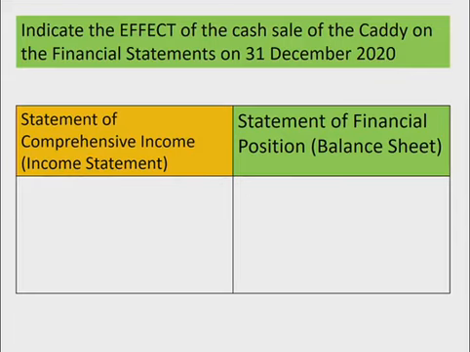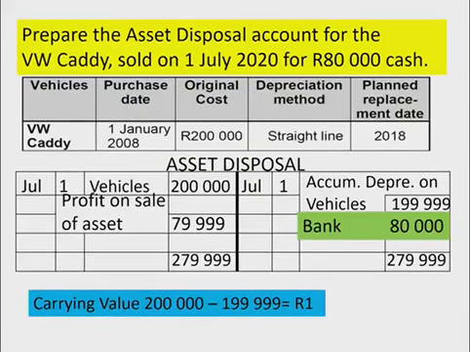So if we're looking at financial statements, we know the one is the statement of comprehensive income, formerly the income statement, and the statement of financial position, formerly the balance sheet. Okay, so what we're looking at is what is the effect of the sale on the statement of comprehensive income. So we can just go one back quickly. Remember here, we made a profit of 79,999.